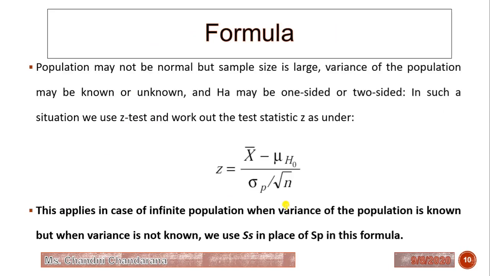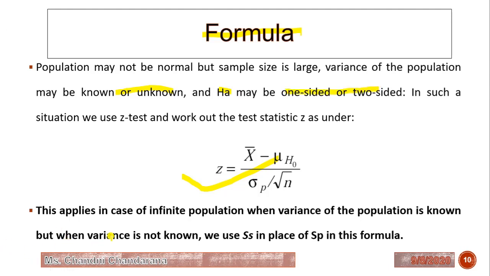Now we can see which formula we can apply and when. The population may not be normal but the sample size is large. The variance of the population may be known or unknown, and the alternative hypothesis may be one-sided or two-sided.